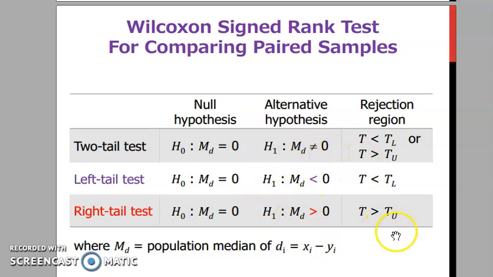Going back to our example, it is a one-tailed test whereby our MD is larger than 0. So when do we reject H null? When T is larger than TU. From the TU and TL that we get from the critical value table, we just refer to TU.